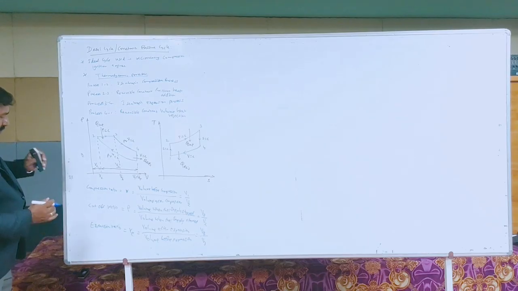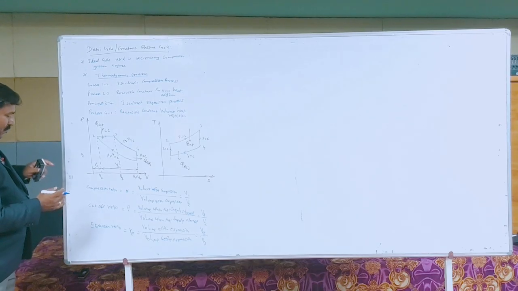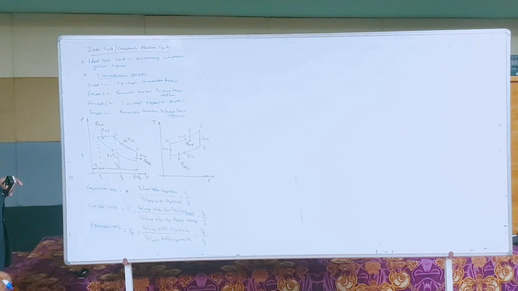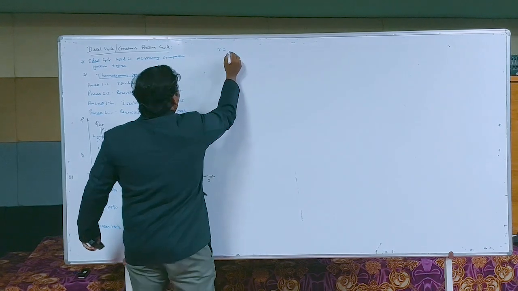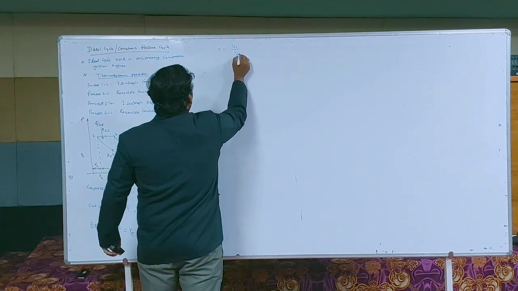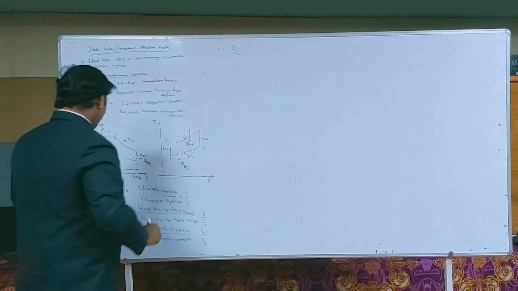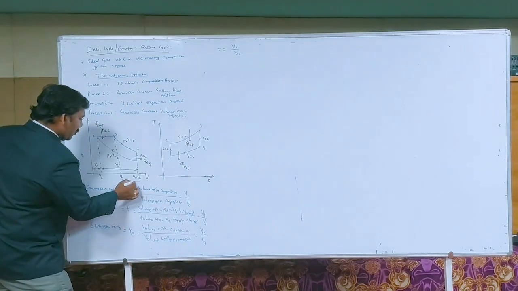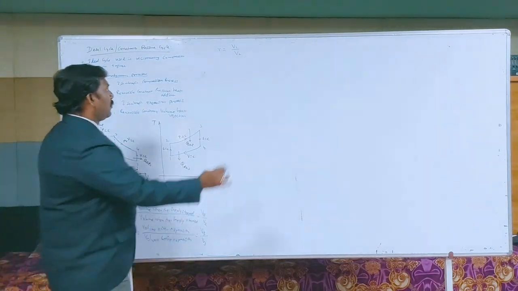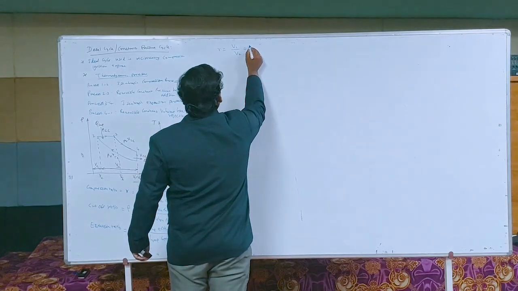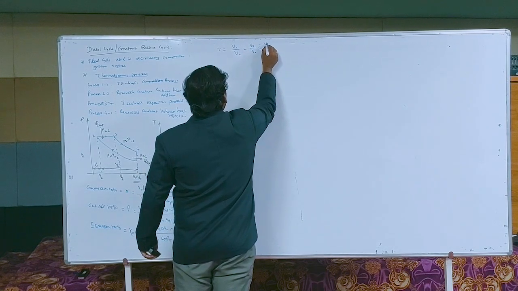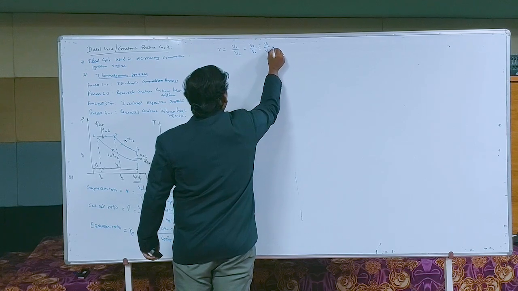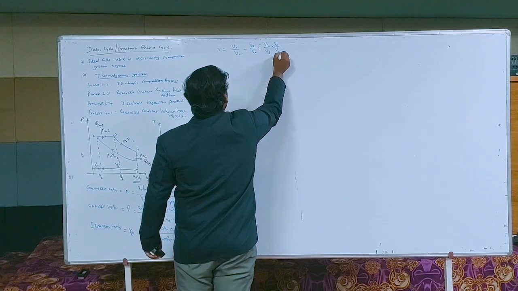Now, I can develop a relationship between this compression ratio, cutoff ratio and expansion ratio. The compression ratio R is equal to V1 by V2. But we can see here V1 is also equal to V4. So, I can write this as V4 by V2, that is equal to V4 by V3 into V3 by V2.